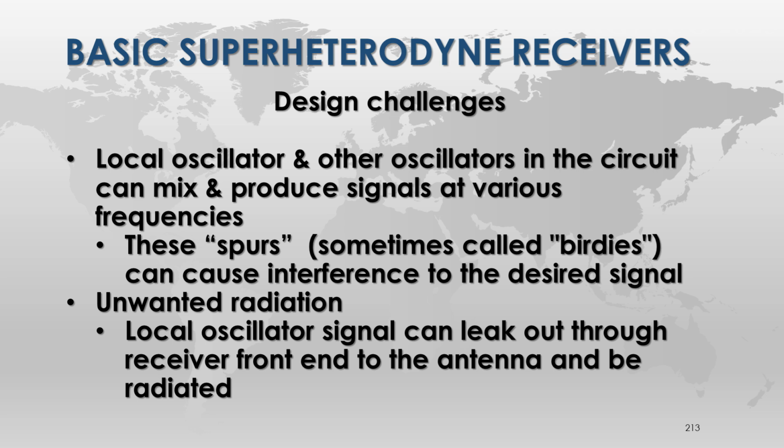So most synthesized radios will produce those birdies at a very regular spacing. When you go down the band on HF, you'll hear bleep, and then bleep, and then bleep. And those little spurs are being caused inside the radio.